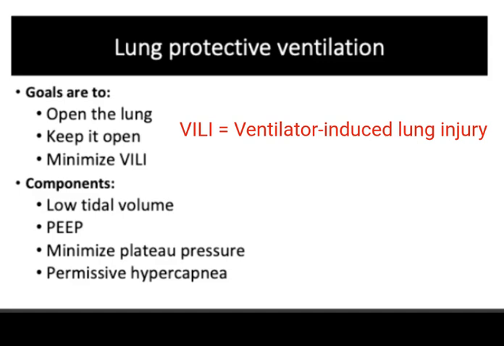Application of PEEP will ensure that lungs remain open, and minimization of plateau pressure will decrease the stress and strain on the lung tissue. And finally, permissive hypercapnia is a trade-off we are paying for low tidal volume and low plateau pressures. And thankfully, we start to realize that shooting for perfect blood gases will destroy patients' lungs very fast.